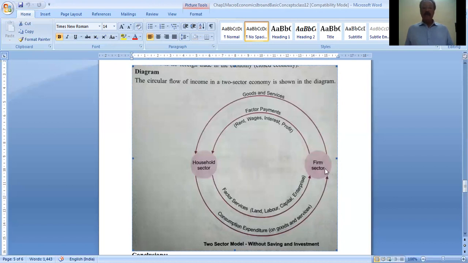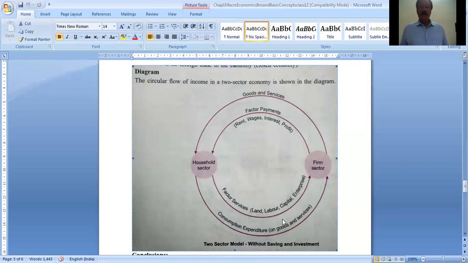When the firm sector receives the consumption expenditure, what do they provide to the household sector? They provide them all the necessary goods and services. Make sure you put the arrow symbols correctly, indicating the flow of income.